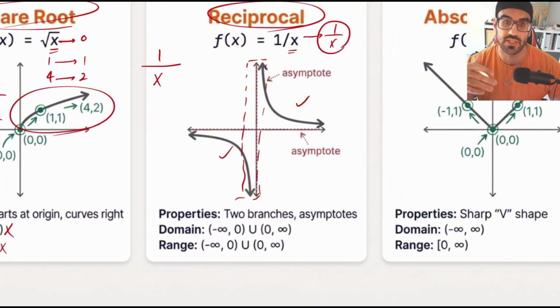For instance, imagine at this point I have x as 0. What would happen at that time? 1/0 is undefined. Remember, right now we are not talking about positive infinity or negative infinity, but 1/0, if you just use the calculator itself, you can see that you get an error. So 1/0 is undefined.